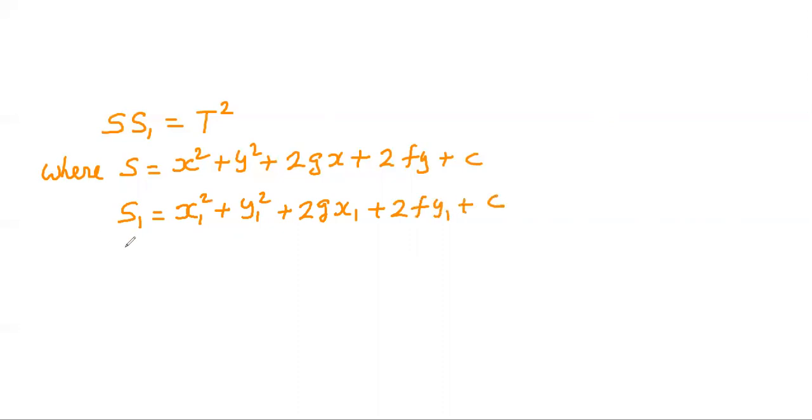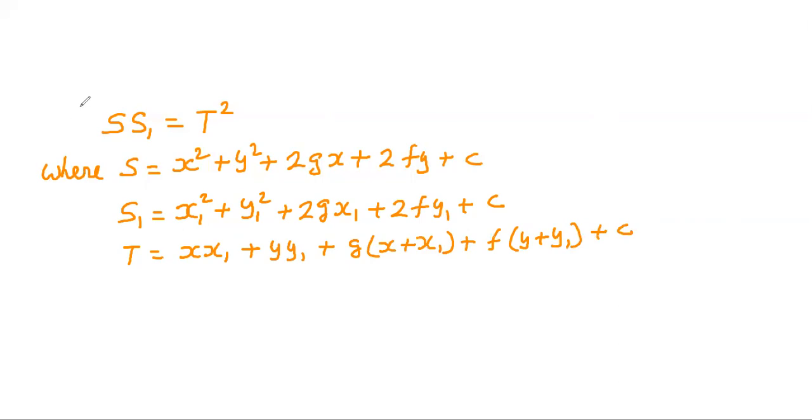Now T is the tangent equation: x x1 plus y y1 plus g (x plus x1) plus f (y plus y1) plus c. Put the values in this equation. This is common in all cases: parabola, hyperbola, ellipse all have the same equation. The pair of tangents equation is S S1 equal to T squared, where S is the curve and T is the tangent to the curve.